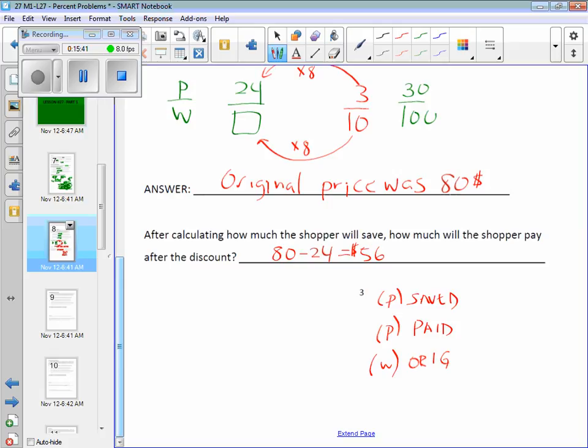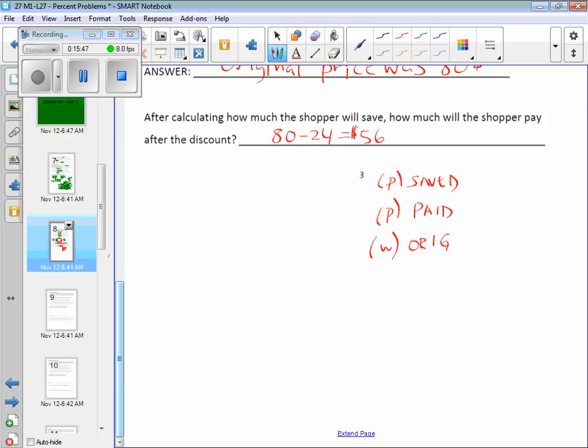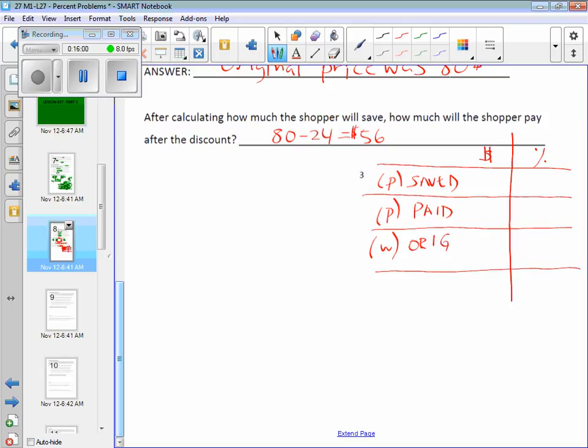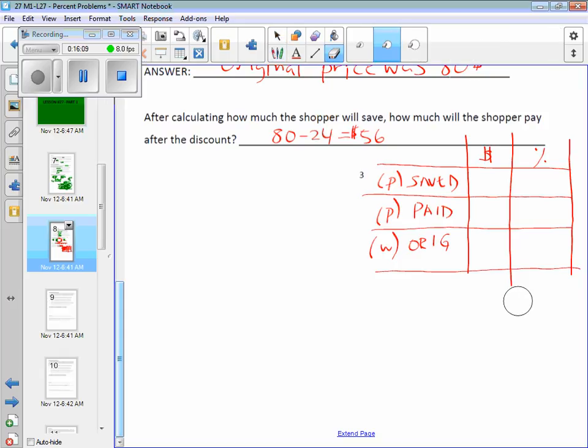Then there'll always be a column for dollars and a column for percent. And my matrix is done. I'll even clean it up a little bit too. Okay. It's pieces of a puzzle we've got to put together to find the missing pieces.